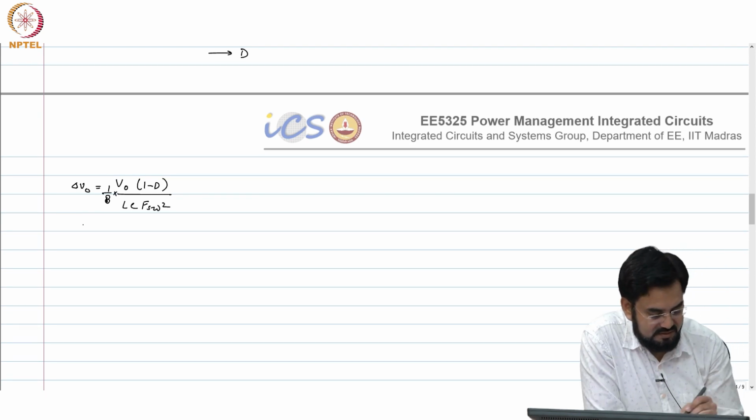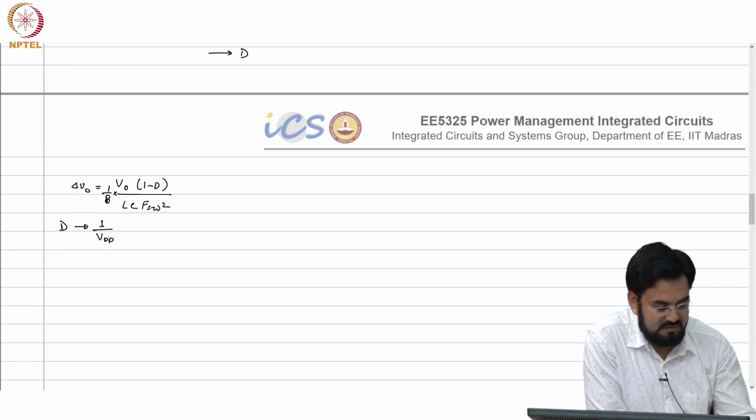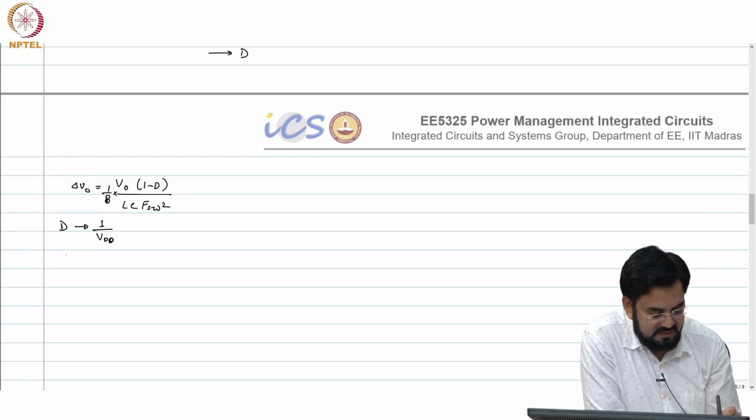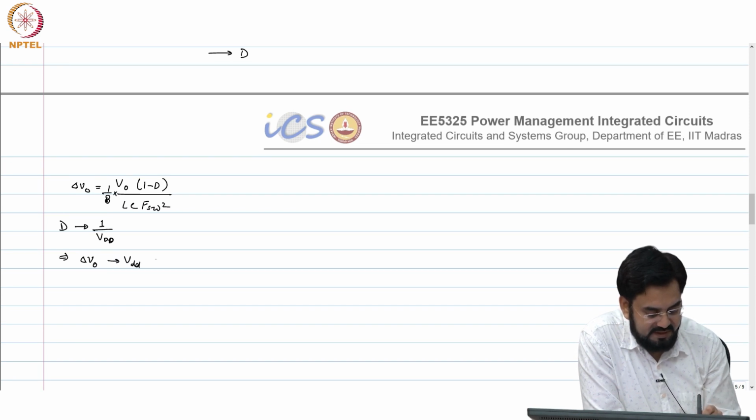Which means D is inversely proportional to V in. This implies delta V out is proportional to VDD for constant V out.